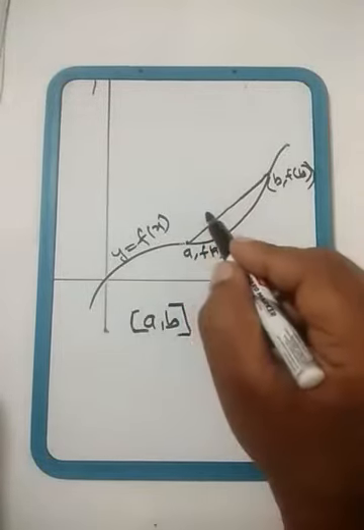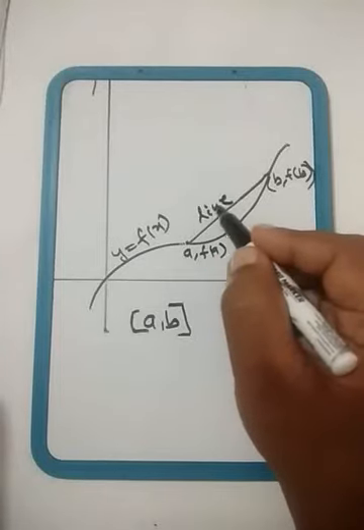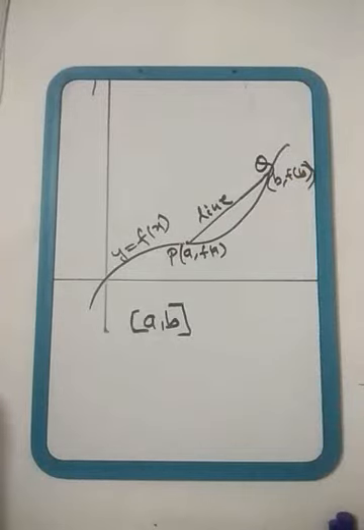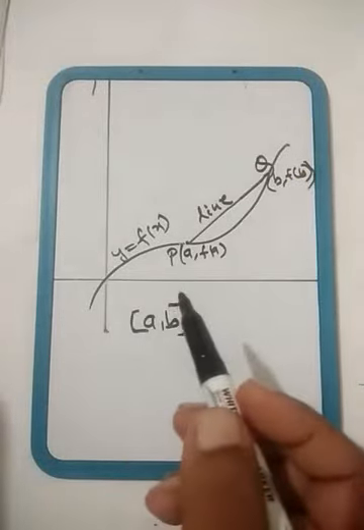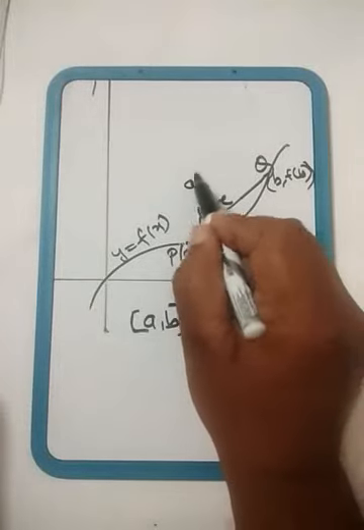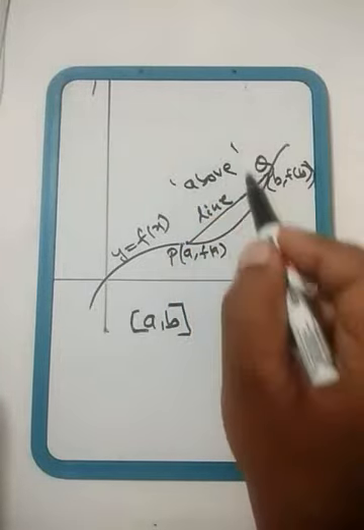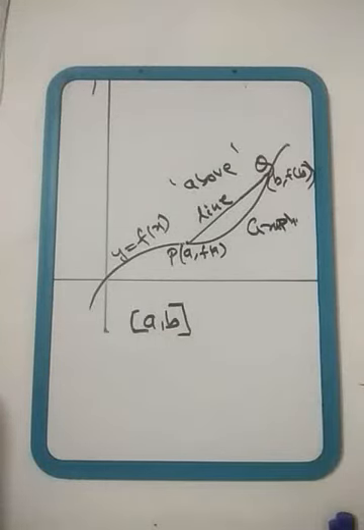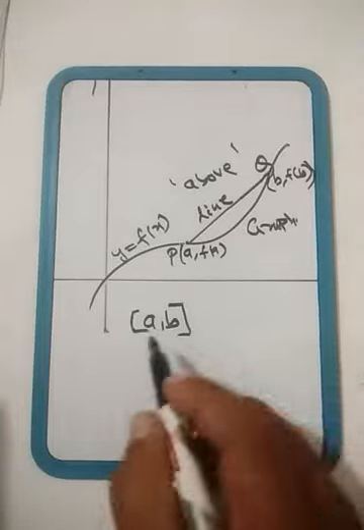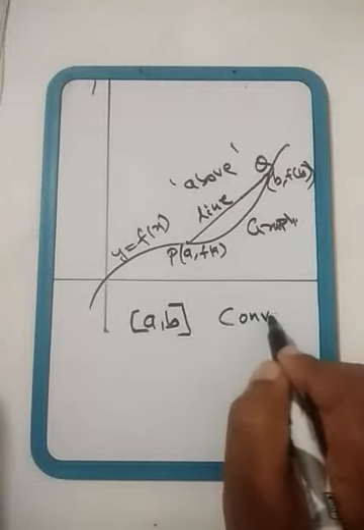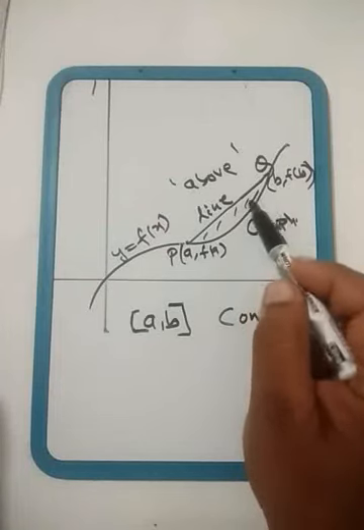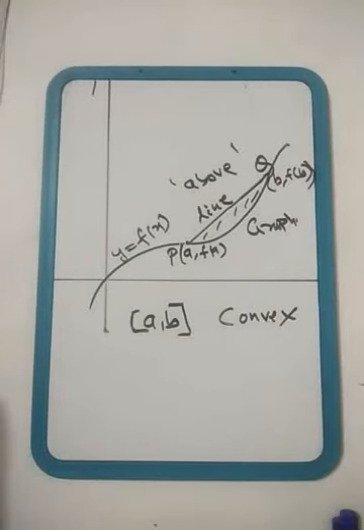So this is the line joining the point P and Q. Okay, and you can see that the line joining P and Q is above the graph. So this line is above the graph. Okay. If it is, so in this domain, such a function would be called as a convex function. Okay. There is a convexity over here. You can see this part, just like you have a convex glass lens.